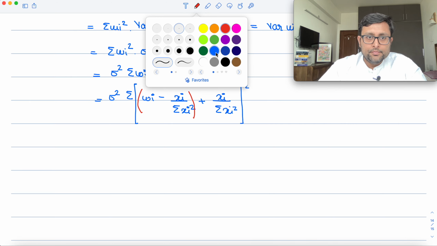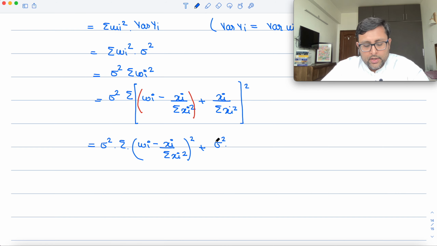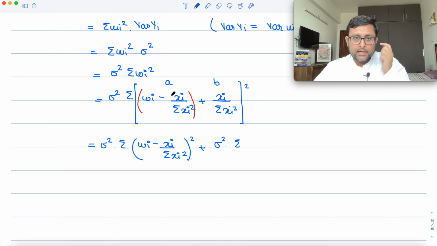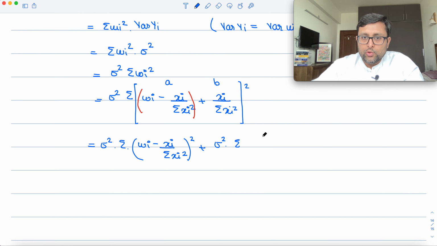So it will be sigma square summation of (wi minus xi upon summation of xi square) whole square plus sigma square summation of b square. Don't write this a and b, I'm just telling you. So a square plus b square plus 2ab.